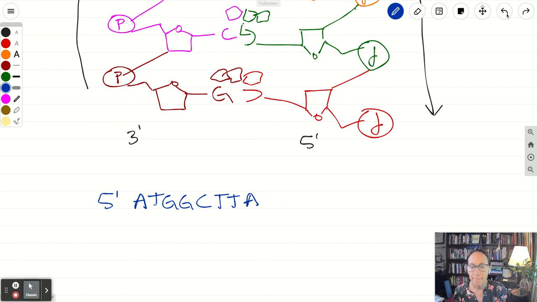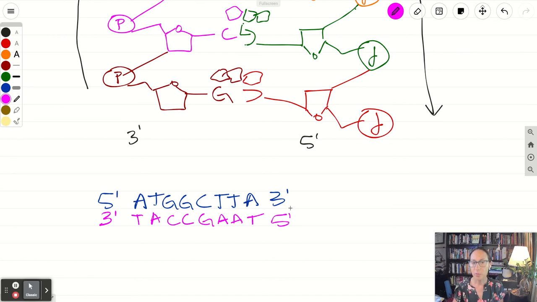And I asked you what would be the complementary side of this DNA, you would automatically be able to tell me that the other side of this DNA is going to be 3', T, A, C, C, G, A, A, T, 5'. Okay? So if you know one side, you know the other side. Okay, so that's what you need to know for that.